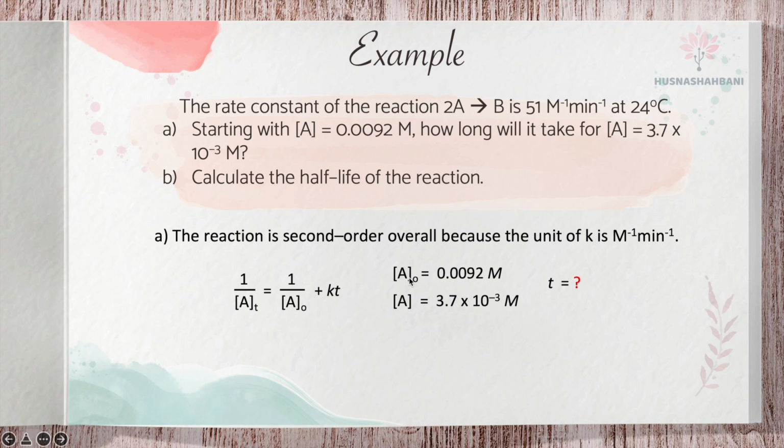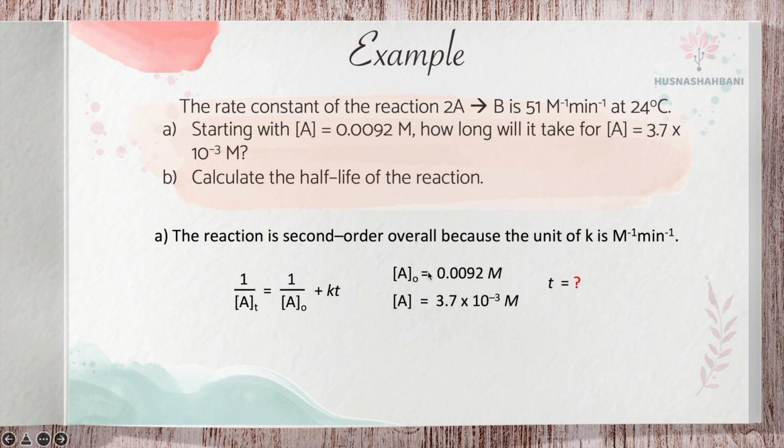Here we have the initial concentration of reactant A equal to 0.0092 molar. Starting with means initial concentration, and after that particular time that we need to find out, the concentration of reactant A will become 3.7 times 10 to the power of negative 3 molar.